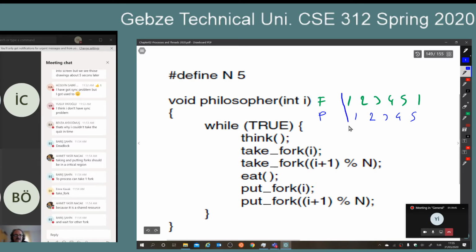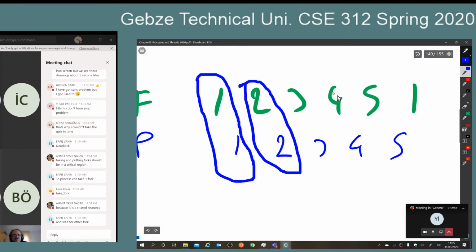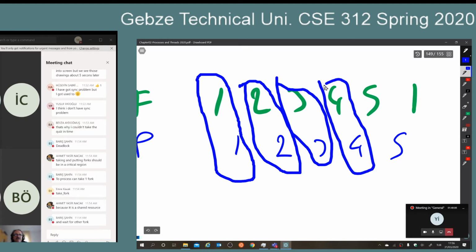Process number 1 took fork number 1, and 2 took fork number 2, right? And 3 took fork number 3, and 4 took fork number 4, and 5 took fork number 5.